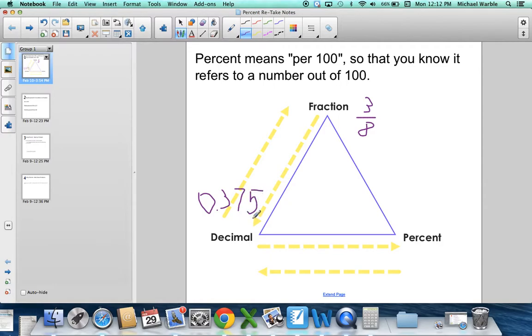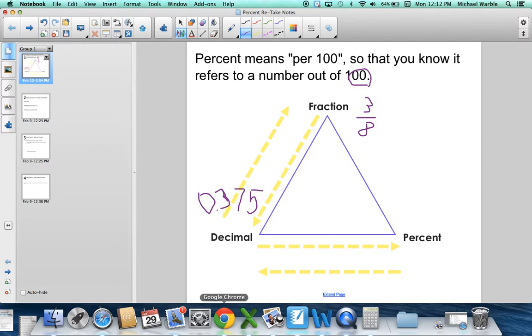Okay, now we already discussed that a decimal is a number out of 1. So your whole for a decimal that is less than 1 is going to have a 0 in front of it, knowing that 1 will be your whole for this decimal. So we need to turn the decimal into a percent, and we know that percent is a number out of 100.